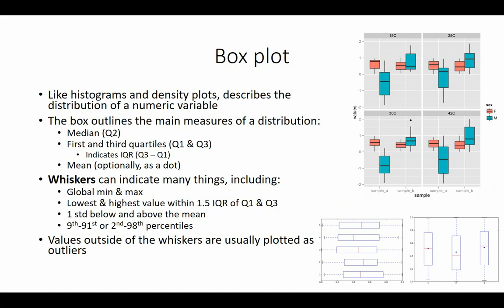So basically the height of the box multiplied by 1.5, all the way to the bottom and to the top, until you don't have such extreme values, and then it is trimmed. Or it can be based on some standard deviations, or sometimes just different percentiles, like the 9th to the 91st, or the 2nd to the 98th percentiles, and all kinds of different meanings.